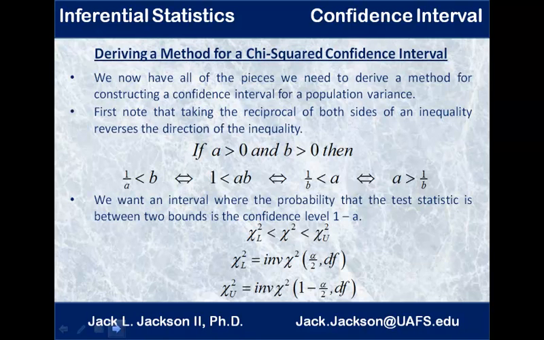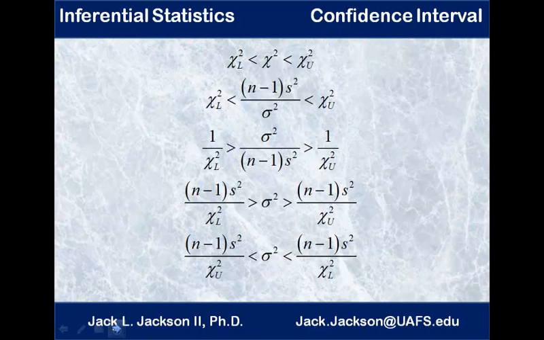The lower limit is going to be an inverse chi-square, where you have alpha over 2 to the left, and of course you have to give it whatever degrees of freedom you have, and the upper limit is a chi-square where you have 1 minus alpha over 2 to the left because you have alpha over 2 to the right, and then you give it the degrees of freedom. Unfortunately, we don't have the inverse chi-square command in our calculator, but we know the process by which we can find that. Okay, so let's just keep running with this a minute.